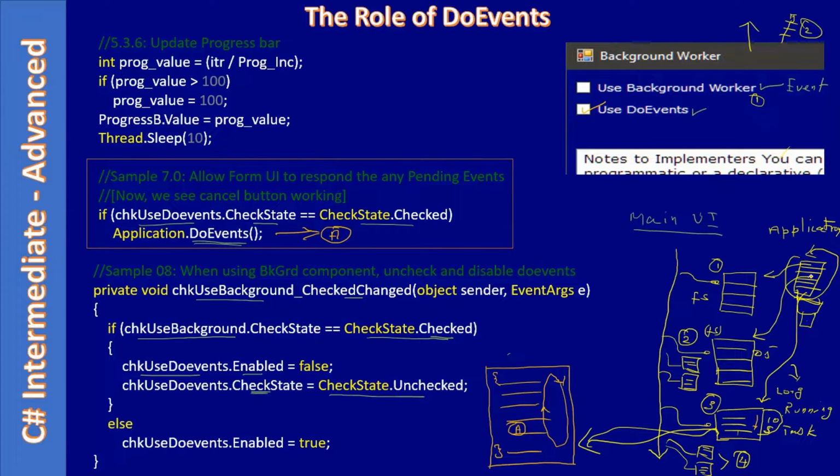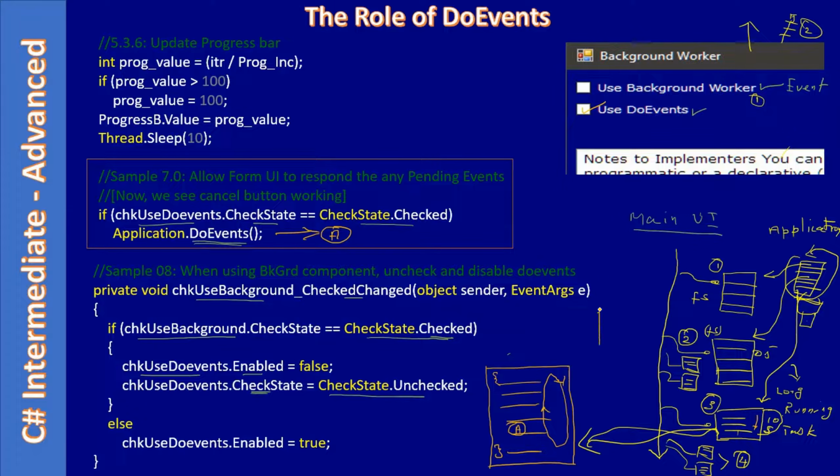So this is the application, right, which is dispatching the event, and the event handler runs in the main UI thread. So we are asking the application to do the DoEvents. So this means the application will halt this for a moment and it will check back the event queue.